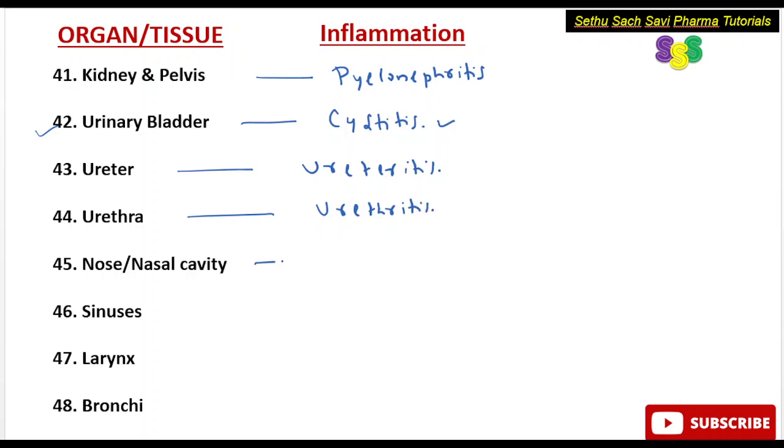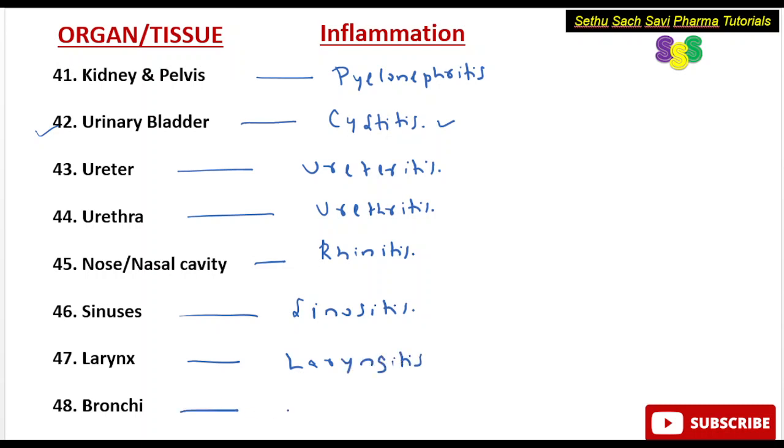Now the inflammation of nose and nasal cavity is rhinitis. Inflammation of sinus, sinusitis. Inflammation of larynx, laryngitis. Inflammation of bronchus, bronchitis.